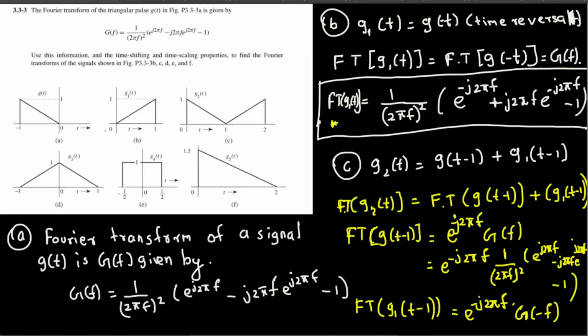So if you look at that, we are doing all of that with the g of t signal. We are shifting this one unit to the right and making it bigger.